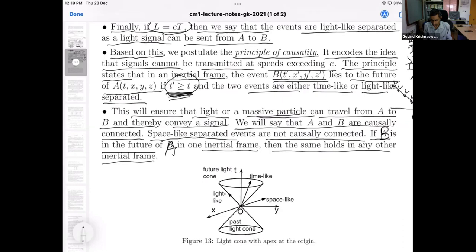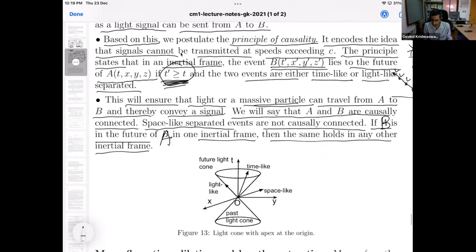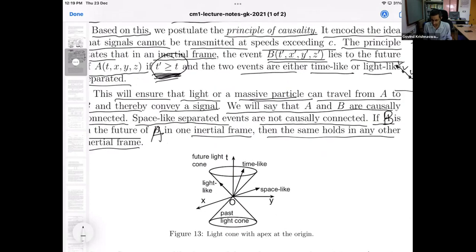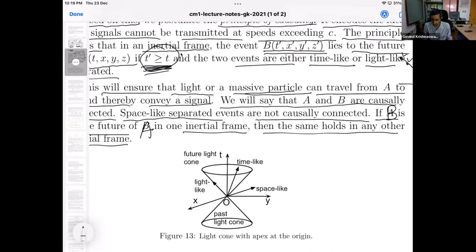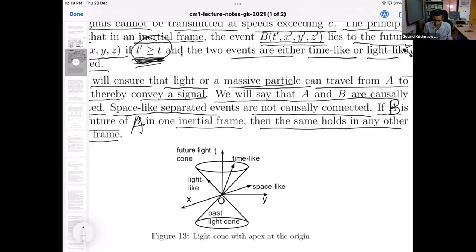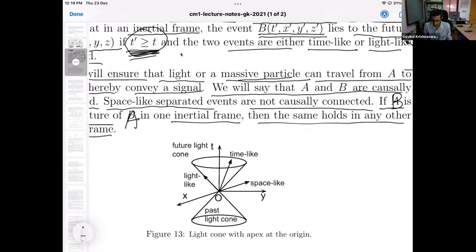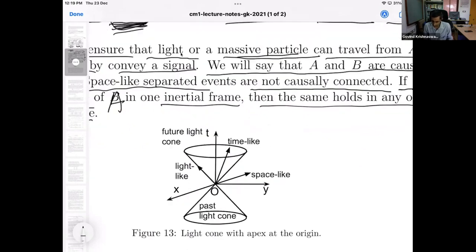This picture summarizes the situation. It is just a repetition of the figures I've been drawing, just extended to 2 spatial dimensions. And I can bring in this concept of a cone also, though I don't want to dwell on this very much.